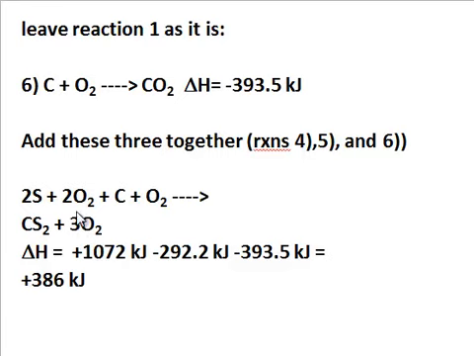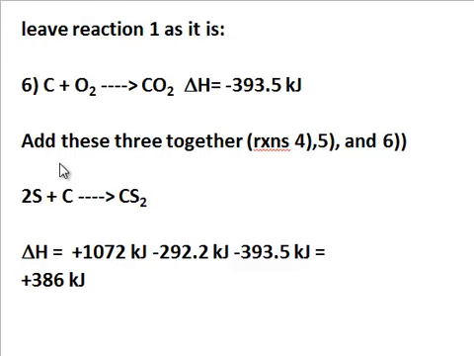And there are 3O2 on the right, beg your pardon. And when I remove those, I have the reaction we were interested in. C plus 2S goes to CS2. Which means that this combined delta H is delta H for the reaction that we're interested in.